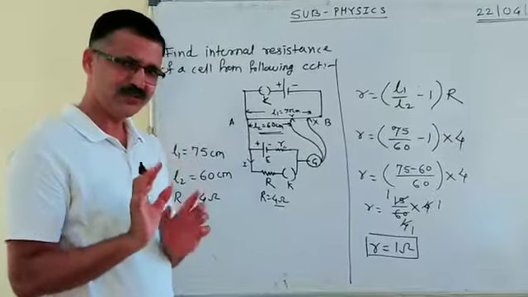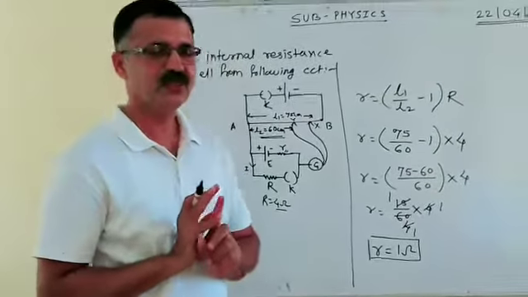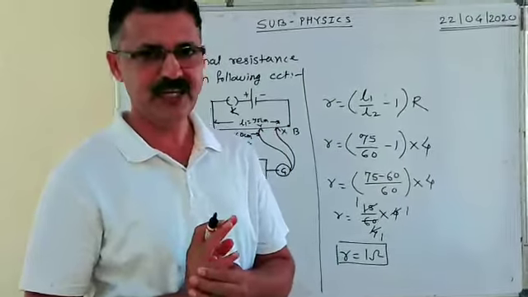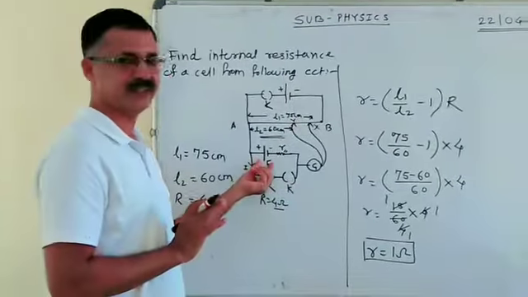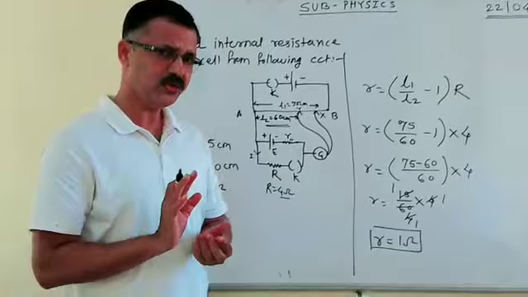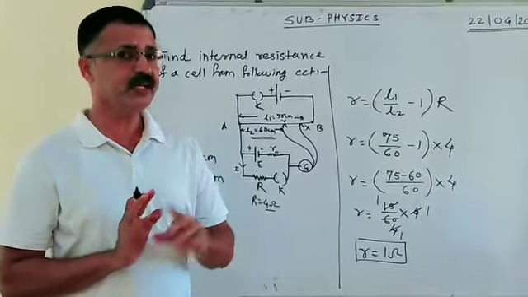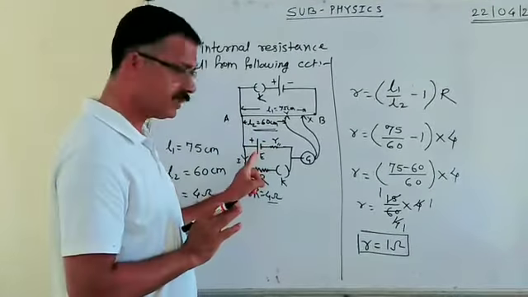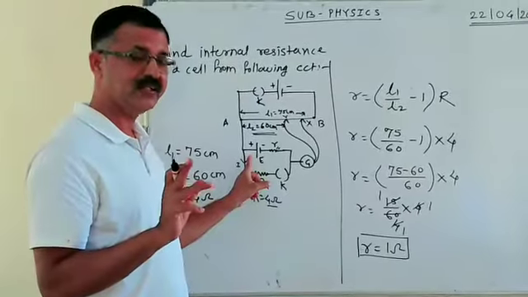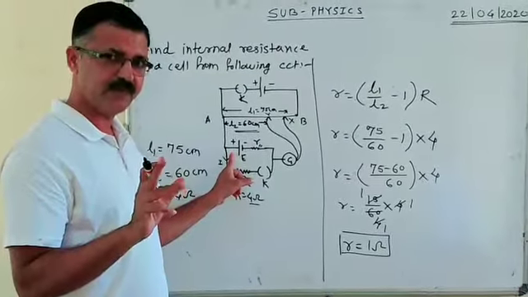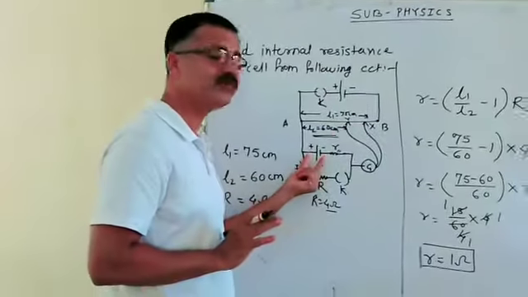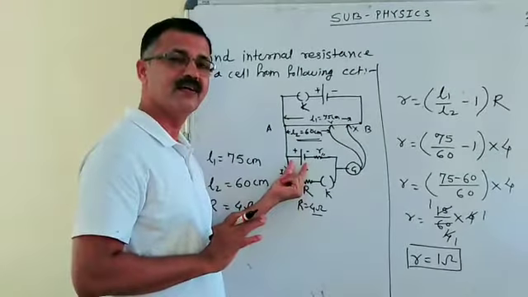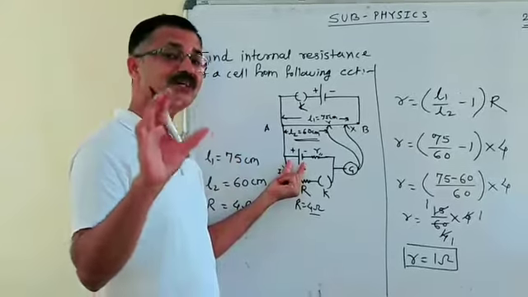Hence, a potentiometer can be used to compare the EMF of cells. Also, it is used to determine the internal resistance of a cell. Friends, a potentiometer is generally preferred for determining the internal resistance as well as for comparison of EMF, because a potentiometer never draws a current, while a voltmeter draws some amount of current.